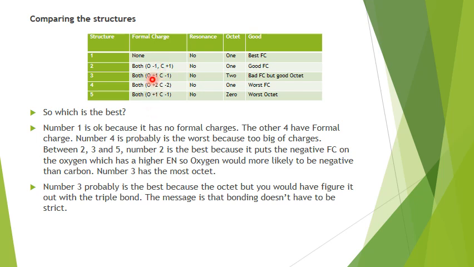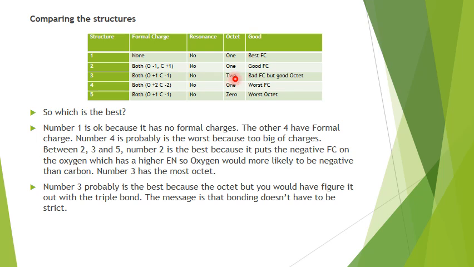Okay, now number 4 is probably the worst one, so I'd probably kick that one out as our least acceptable. All right. In terms of resonance, none of them have resonance structure. In terms of octet, well, our third structure had 2.